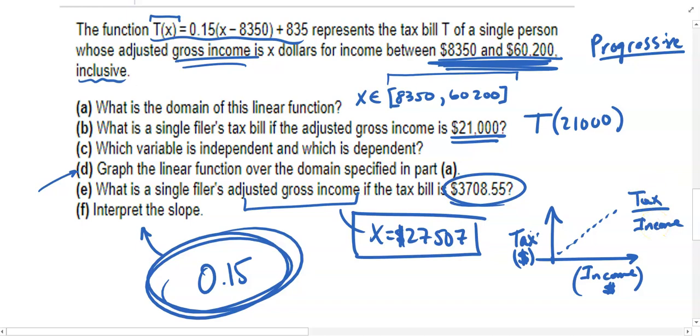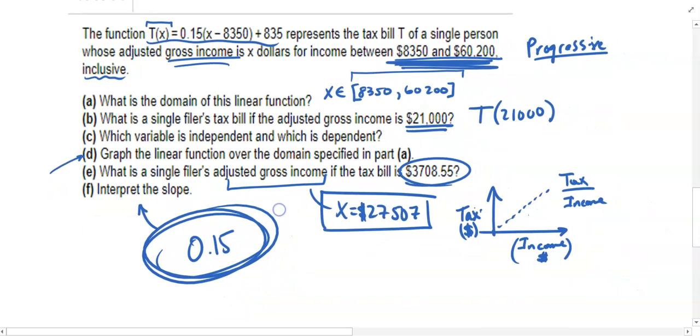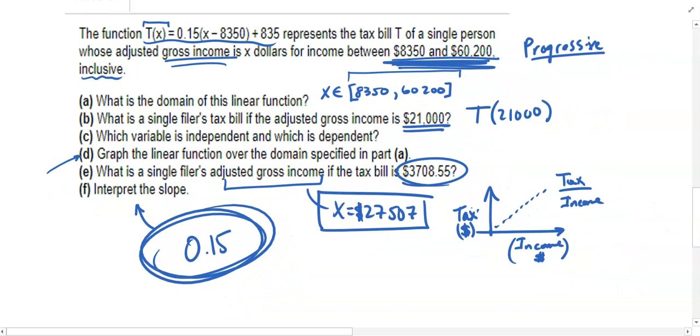I want you to sit and think about that and see if you can choose the result appropriately. And we'll talk about that tomorrow in class if there are further questions.